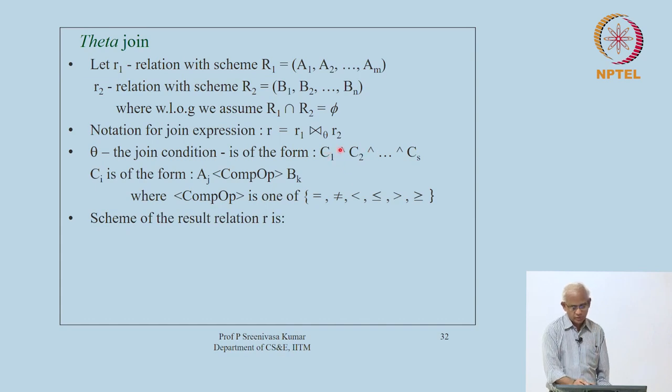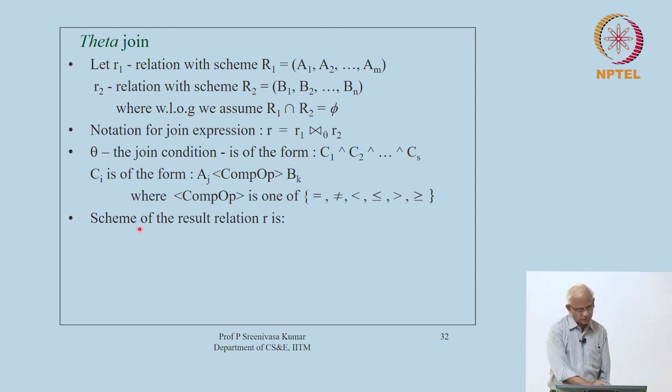Notice that we do not really need to bother about other forms, because every logical expression can be rendered into a conjunctive normal form. So, we know that, and we make use of that. So, these are conjunctions.